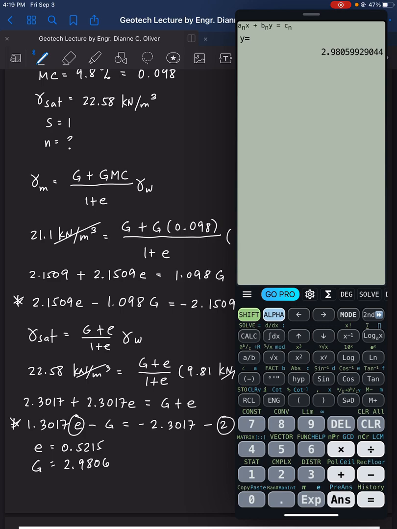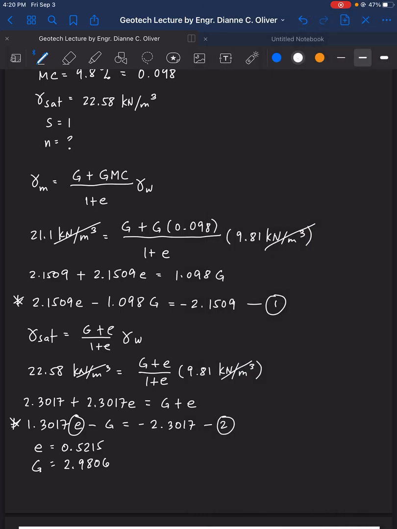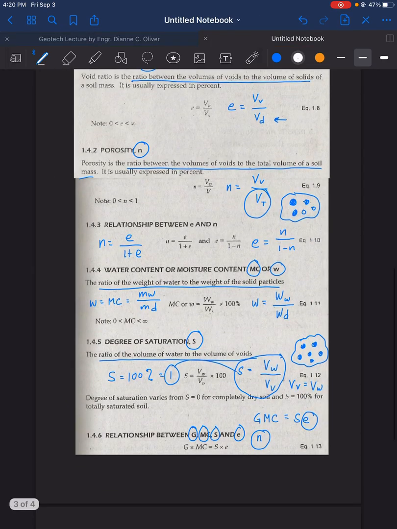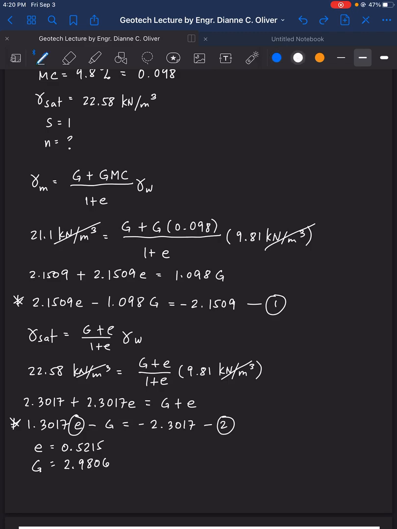Okay, so what do we need here? We need the porosity, and the formula for porosity is this one. N is equal to E over 1 plus E. So we have 0.5215 over 1 plus 0.5215.